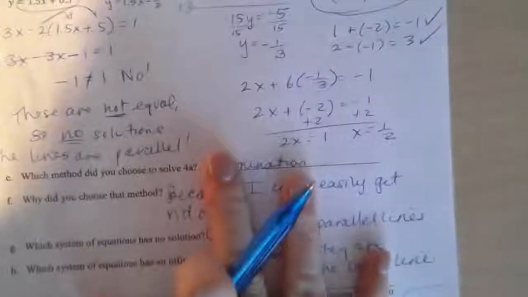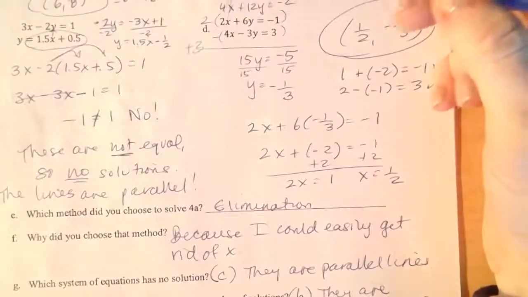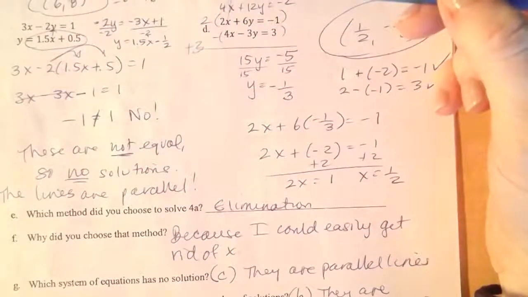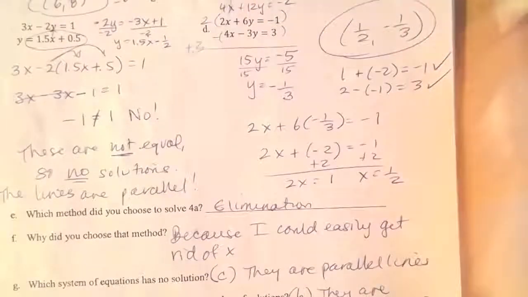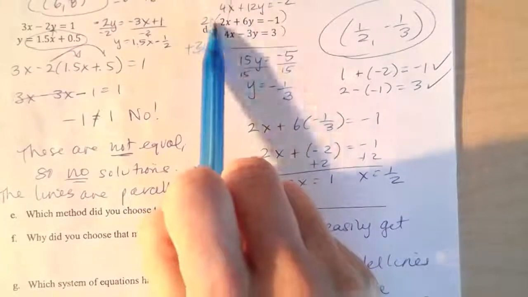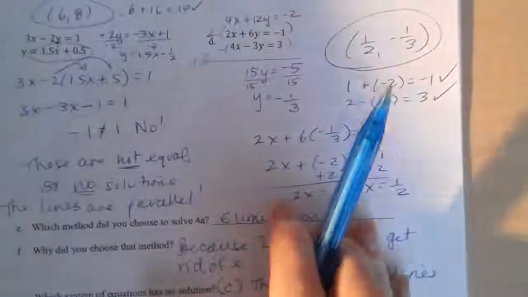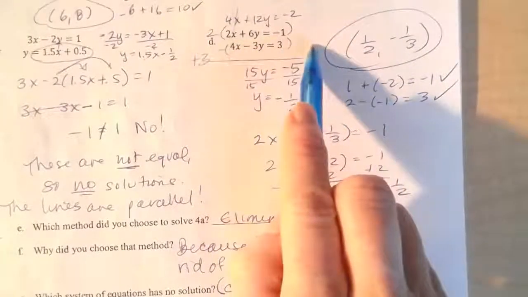In D, here I used elimination. I chose to subtract the second equation from the first after multiplying the first by 2. So I restated the first one as 4x plus 12y equals negative 2, multiplying all of that equation by 2.